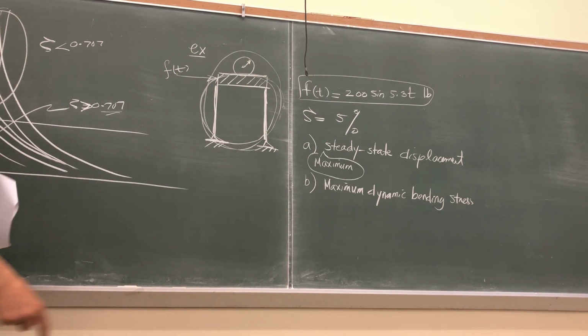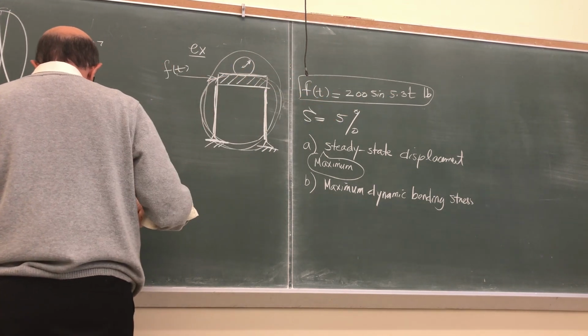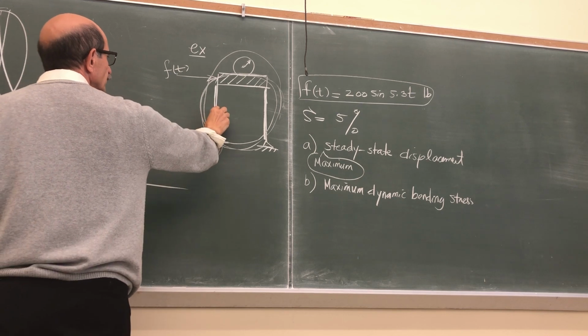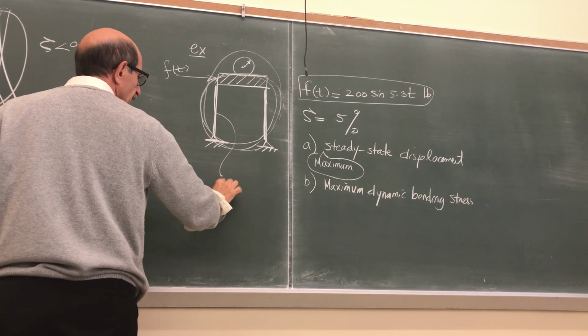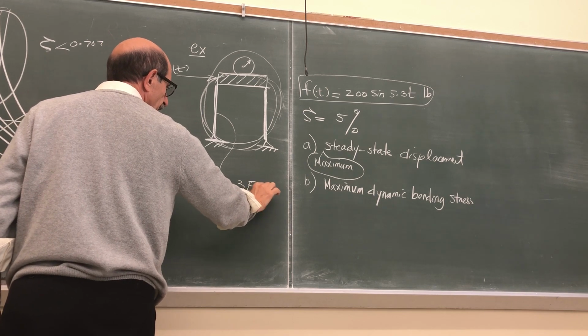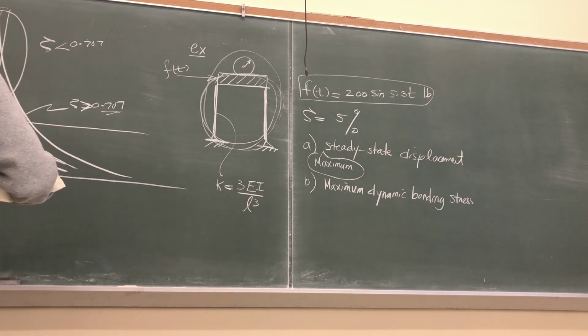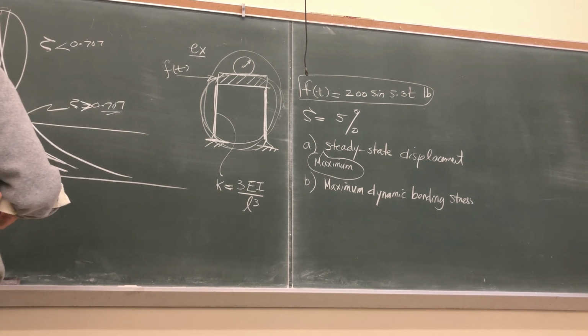From strength of materials, for something like this, each K is 3 EI over L cubed. The I and so on are given.